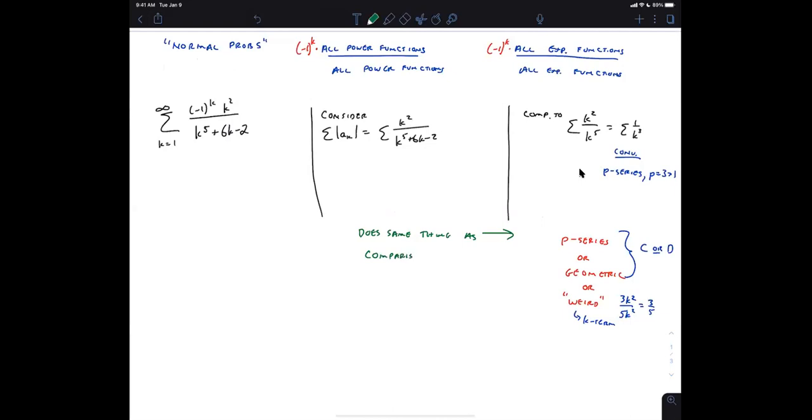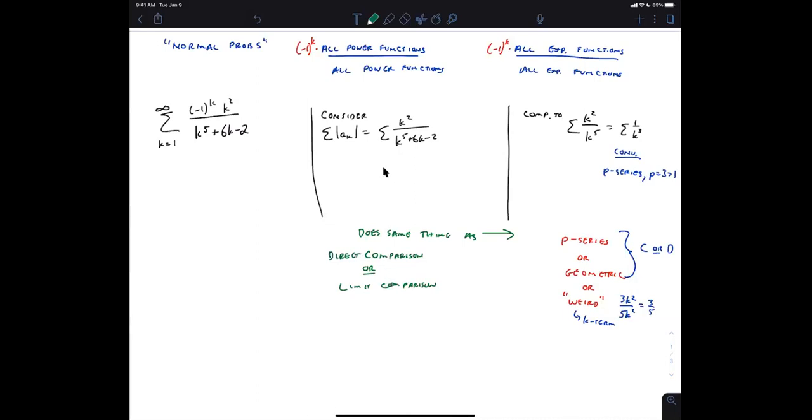So you're going to use either the direct comparison or the limit comparison. It doesn't matter. Depending on what's going on, you may have to use one of the two, but as far as the conclusion, it doesn't matter which one you're using.